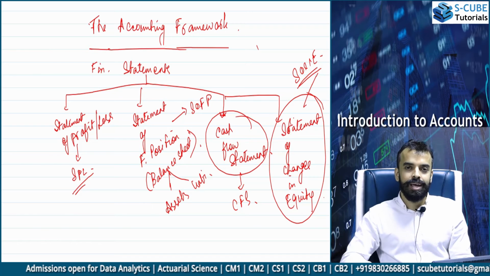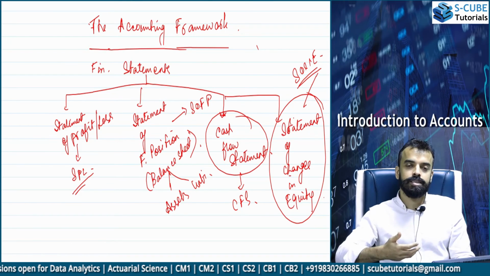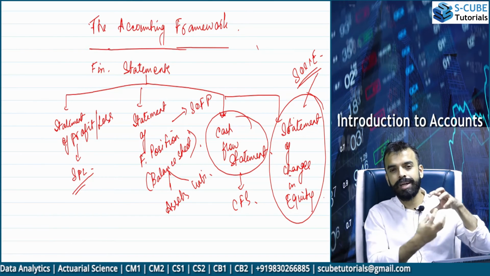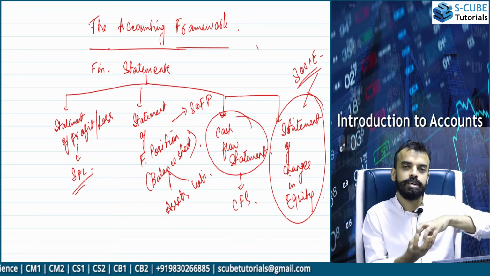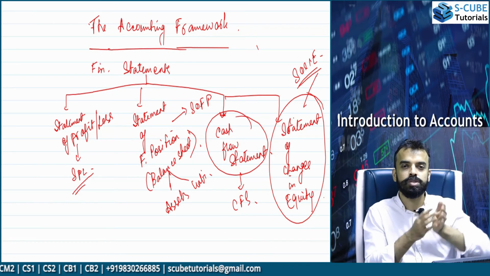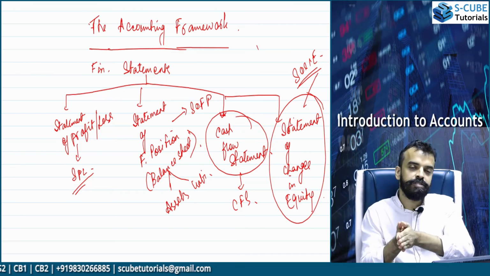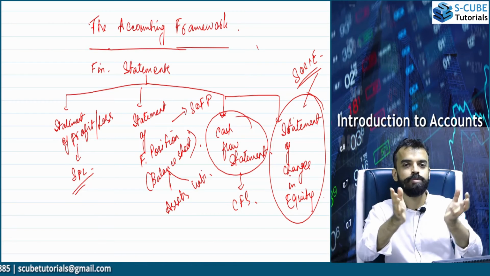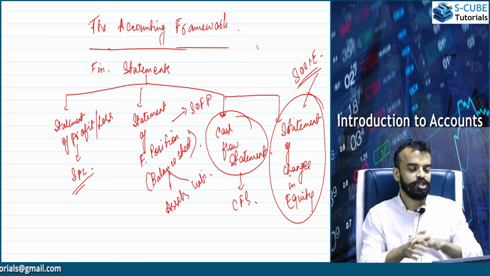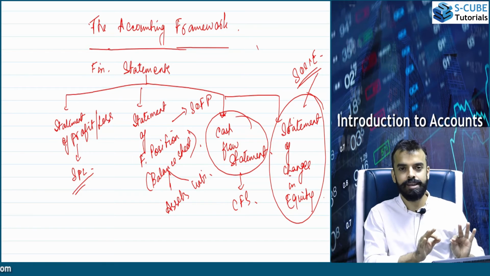And also, for further analysis, you can see what the sources of the income are. If you do a comparative study of this year with the past year's SPL, you get to see the growth in revenue, growth in profits, growth in expenses, shrinkage. So, everything could be analyzed. Okay. So, that is the importance of SPL.